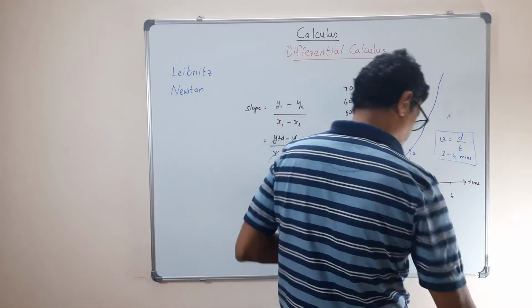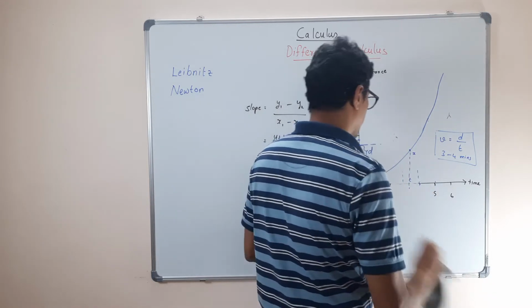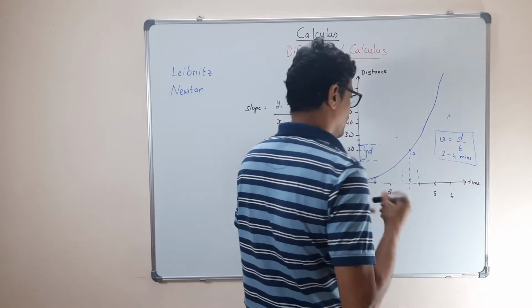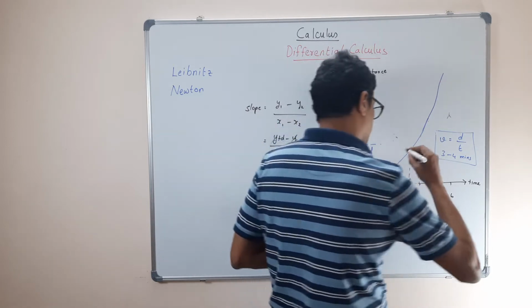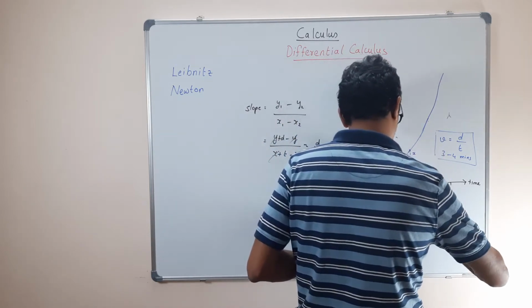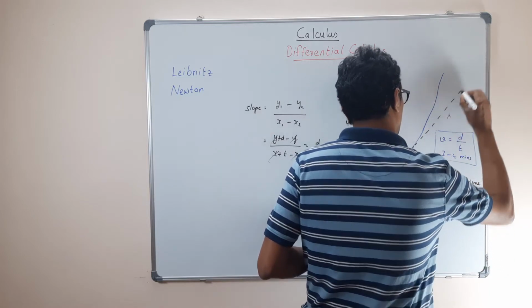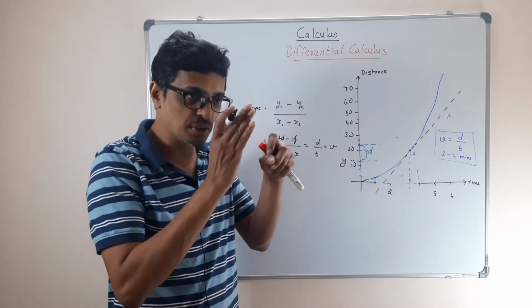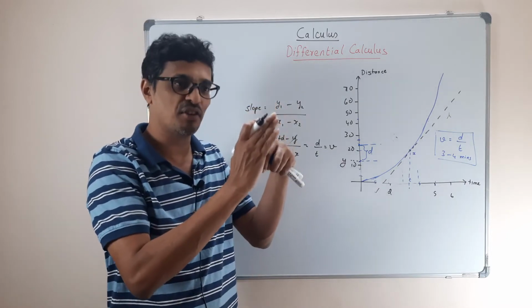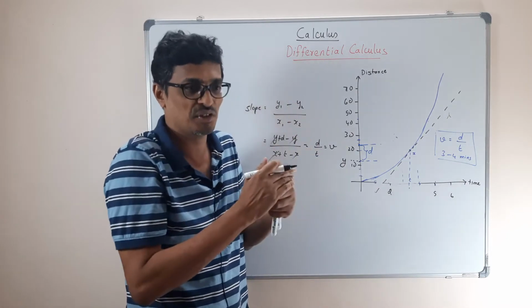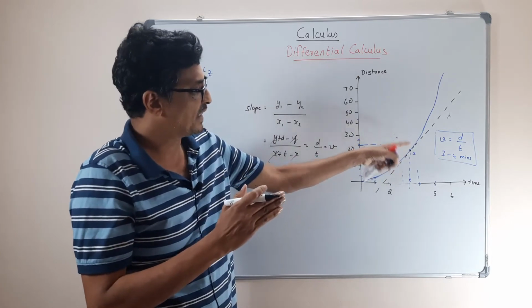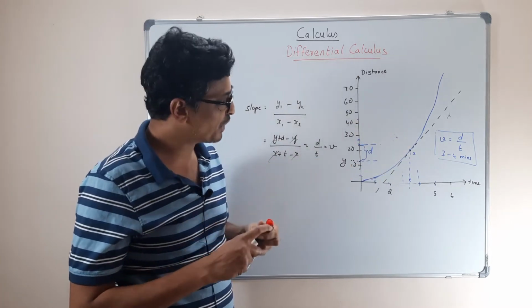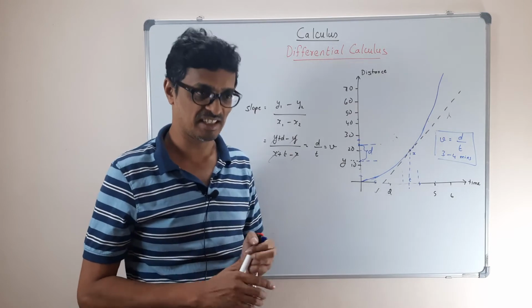Then the speed is nothing but the tangent to this curve which passes through the single point x. Any line which touches a single point of a curve, we call a tangent. That is true for a circle also. So now how are you going to find out the tangent?